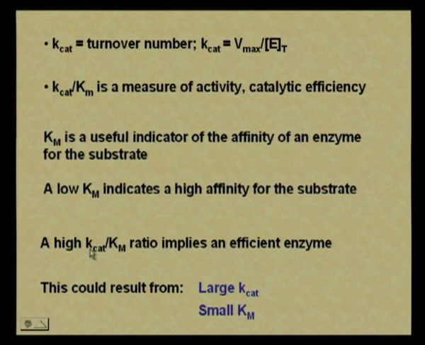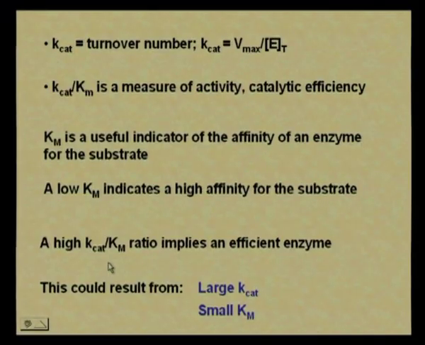So, for an efficient enzyme, we would want a high Kcat by Km ratio, and what could this be a combination of? This could come from either a small Km value making this ratio large, or a large Kcat value again making this ratio large. And what is this ratio a measure of? It is a measure of how efficient your enzyme is.